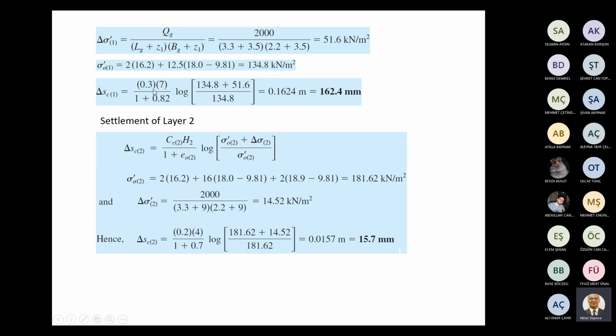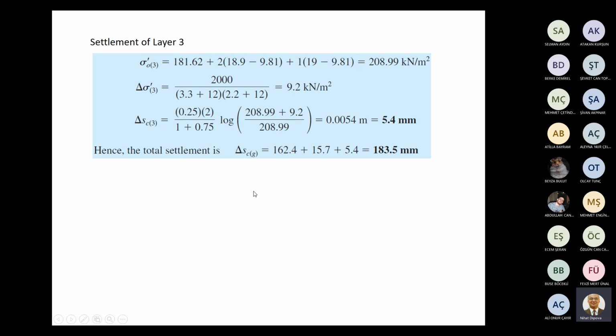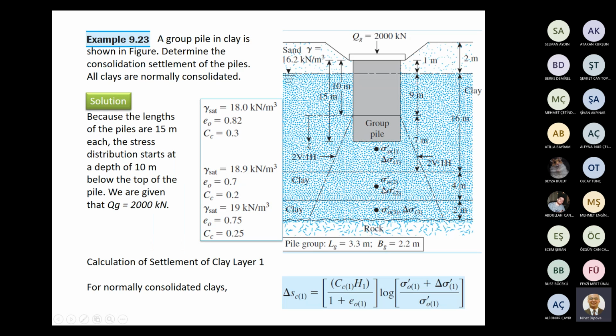So we know soil parameters. Just putting these two here. Consolidation settlement for the first layer is 162.4 millimeters. Let us do the same thing for the second clay layer. Again, we need effective stress and stress increase for the mid layer of the second clay.